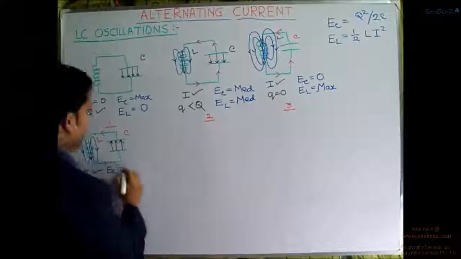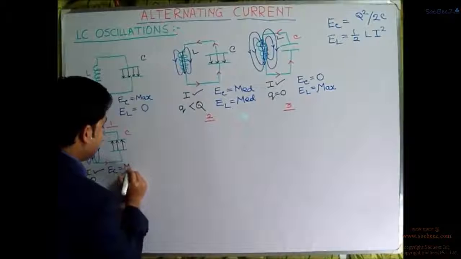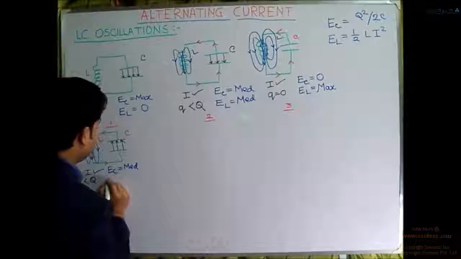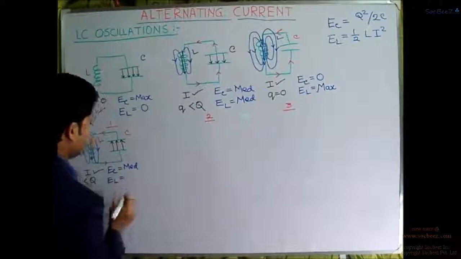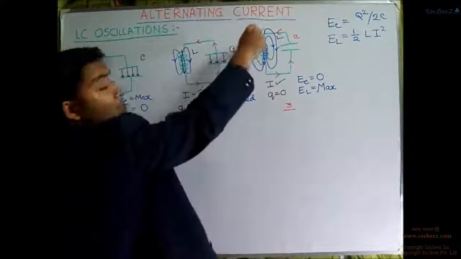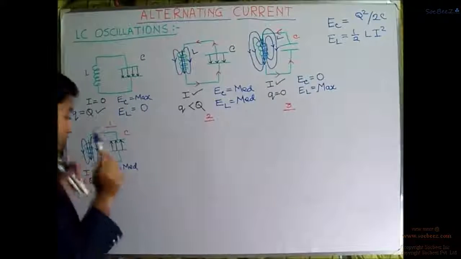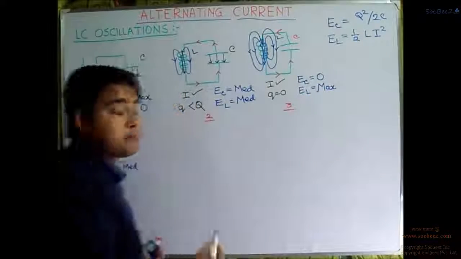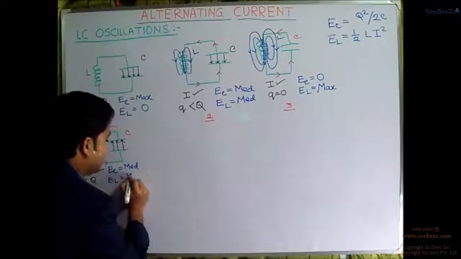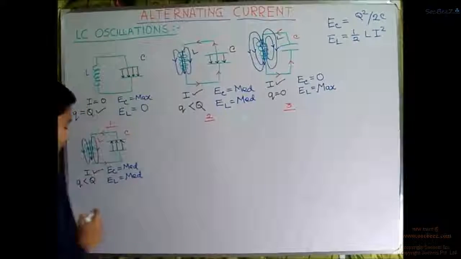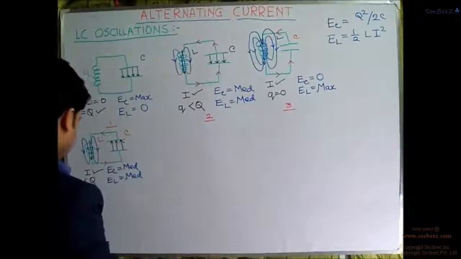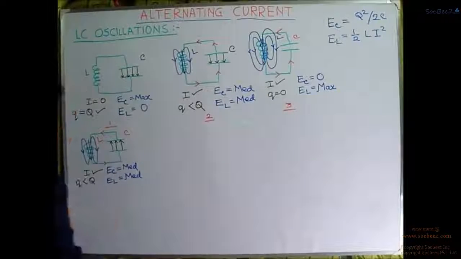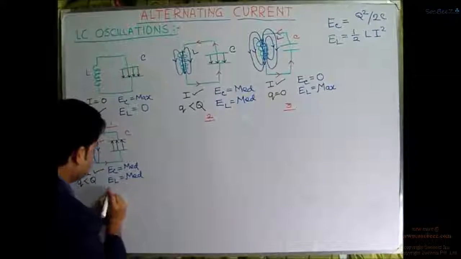So we can say that it is medium, and EL over here has reduced. So we can say that EL now is not maximum but medium in this case. And if this is medium, then this is the fourth scenario.